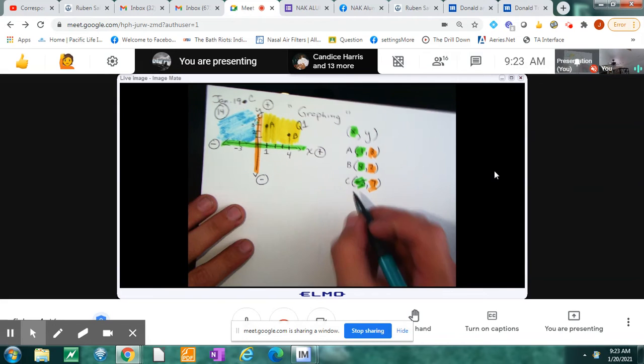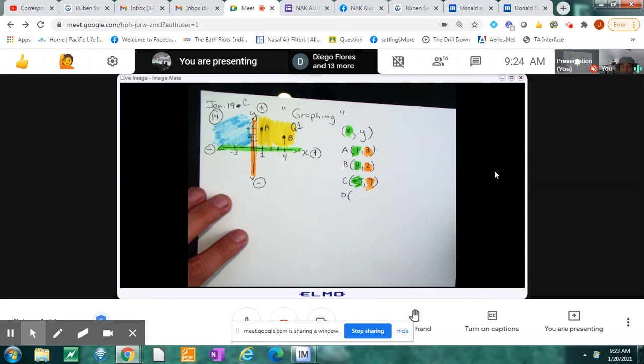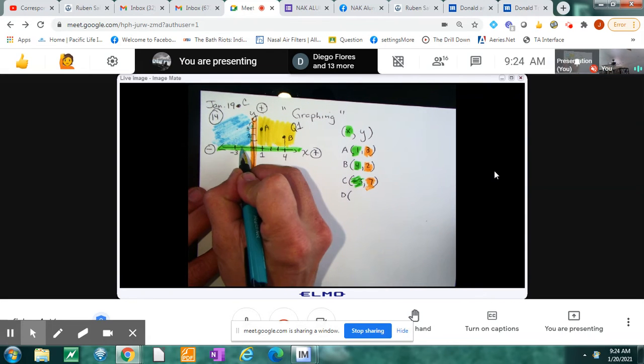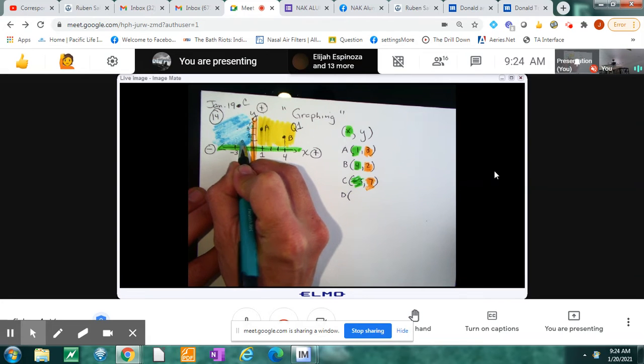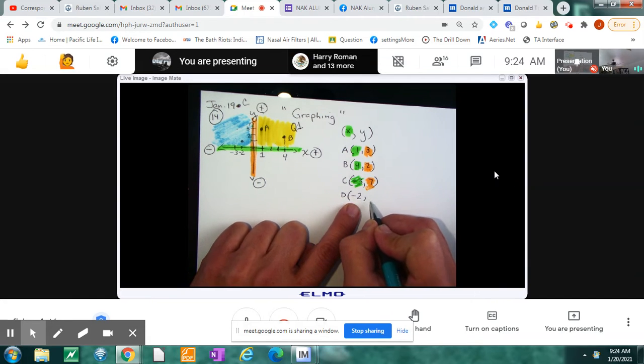And then the next one is D. Let me do another one. Let's say (-2, 1) right there. Remember, the first one is negative, and then the next one is positive. So negative, comma, 1.